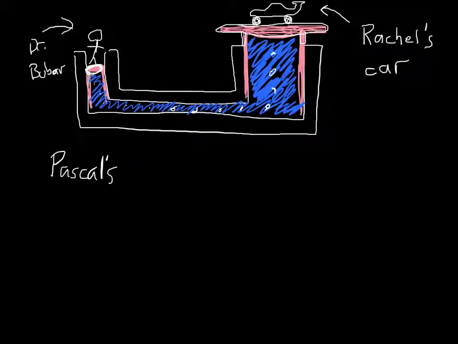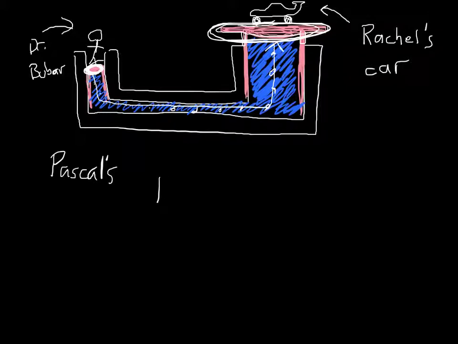So if I apply a force over a unit area on this side of the plate, I should get out that exact same pressure on the opposite side of my plate, because that pressure that I apply over here will be transferred throughout every single part of this fluid all the way over to my larger plate.